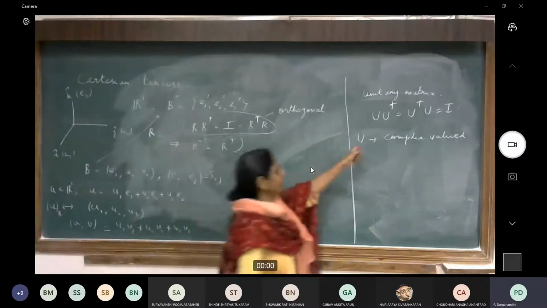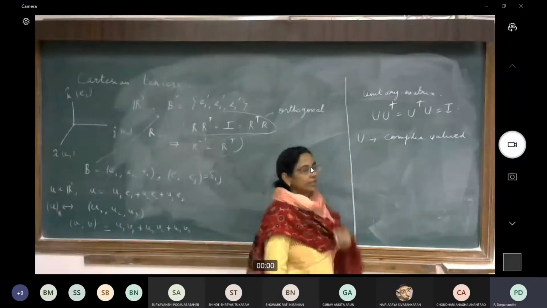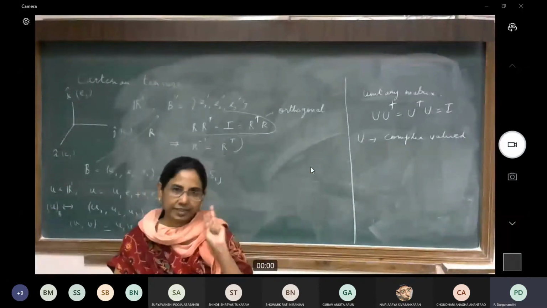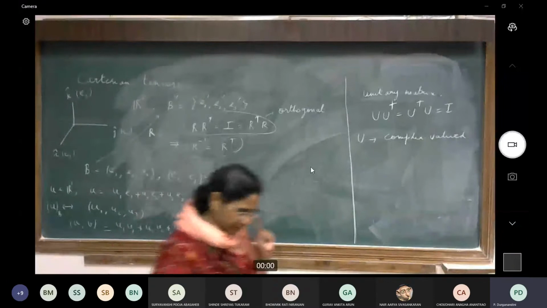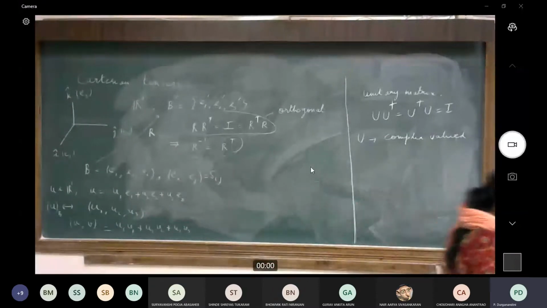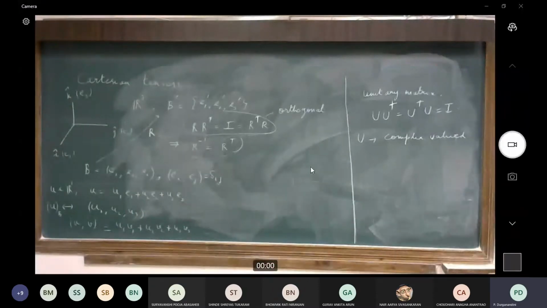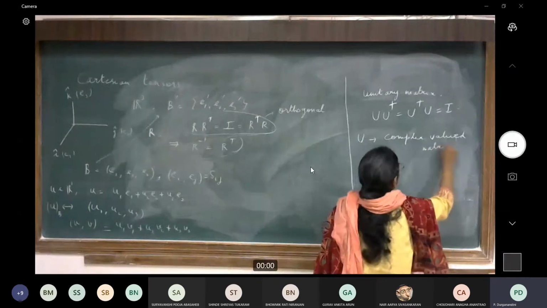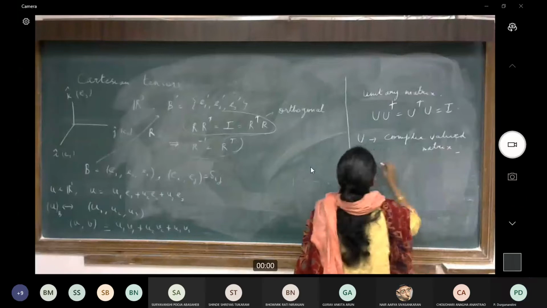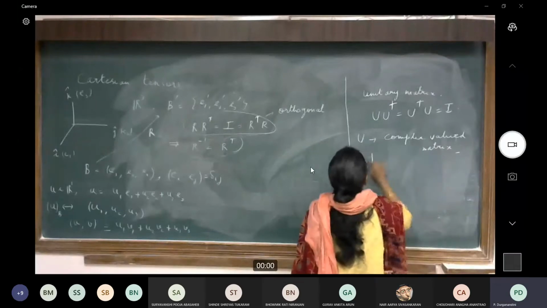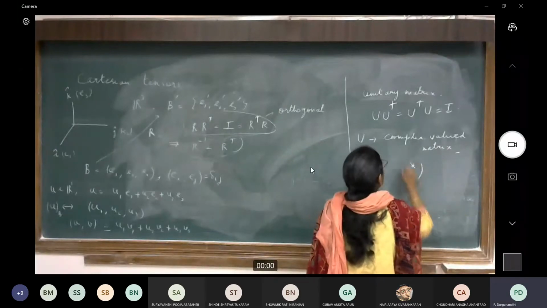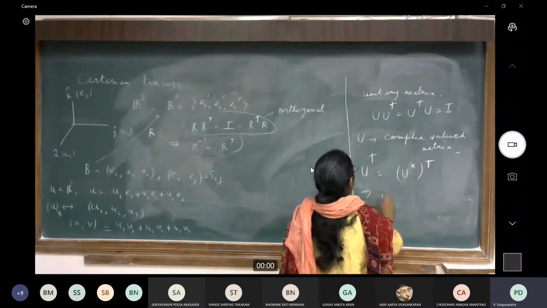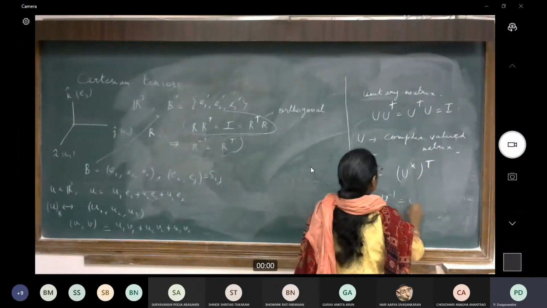On the other hand, a 3 by 3 complex matrix U has 18 real numbers, because each element is complex, which means you can specify it by 2 real numbers. And U dagger by definition is U star transpose. So again, this tells you that U inverse equals U dagger.